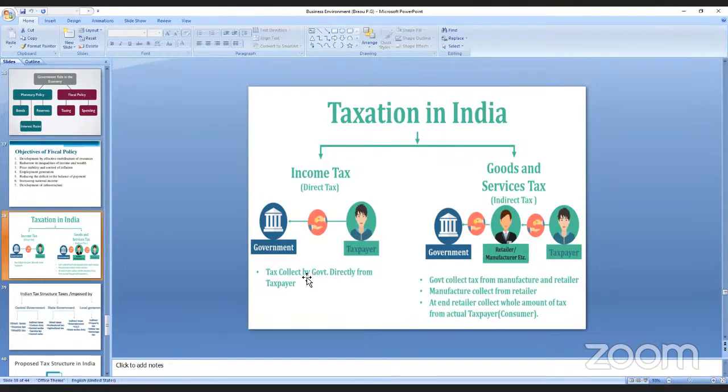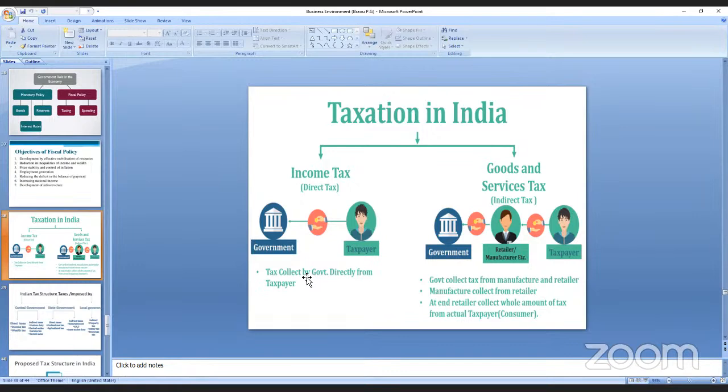This is a tax where the government collects through the retailer. If an industry is making production, it will not bear the tax.